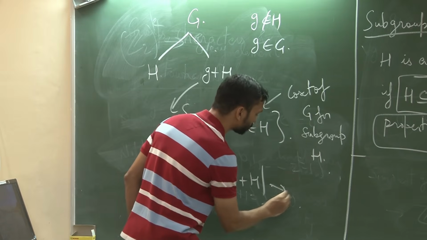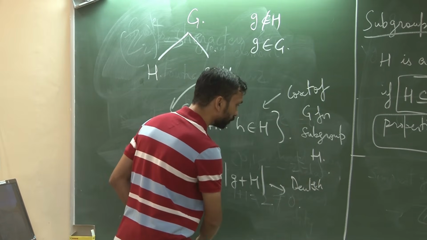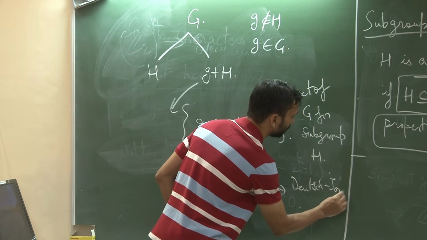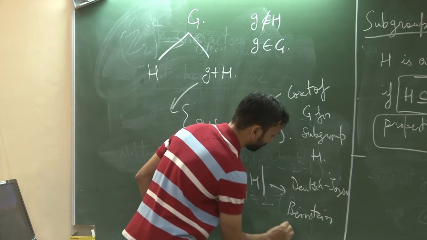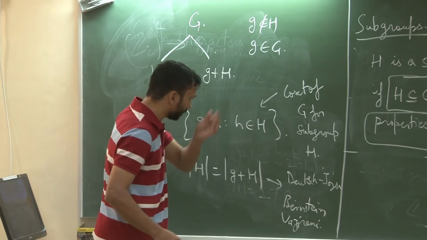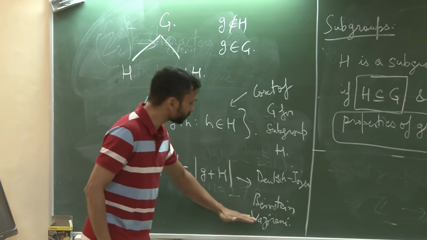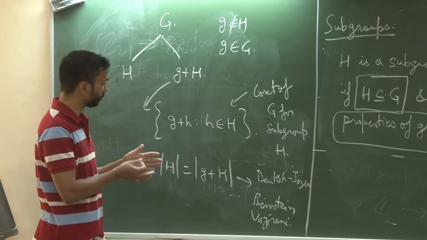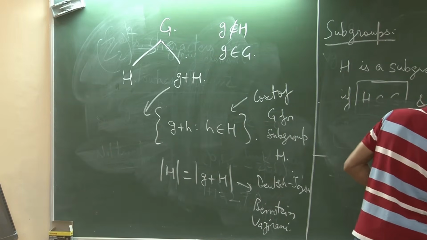And this should remind you of the setting of either Deutsch-Jozsa or Bernstein-Vazirani. Actually, in Deutsch-Jozsa, the two groups need not be subgroups, but in the case of Bernstein-Vazirani, we have a function on G, or a function on Z2 to the power k.